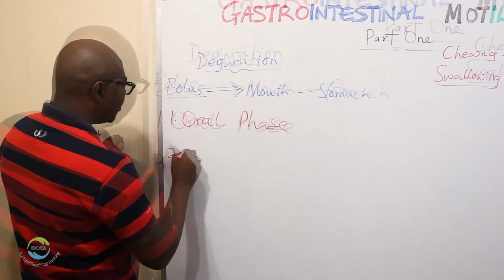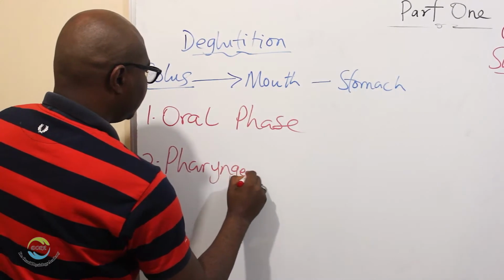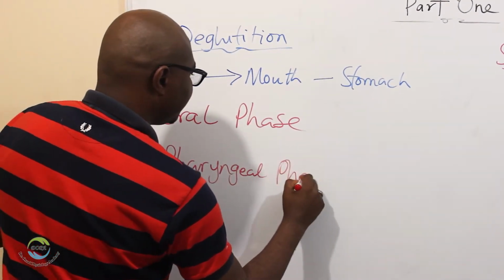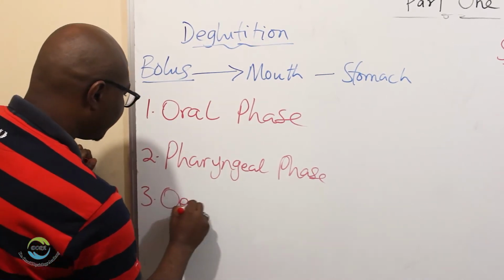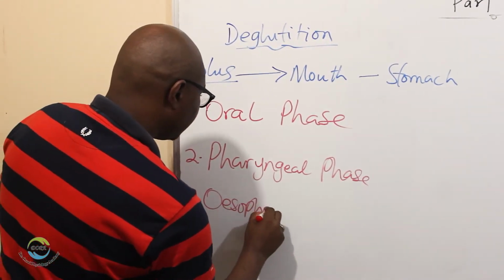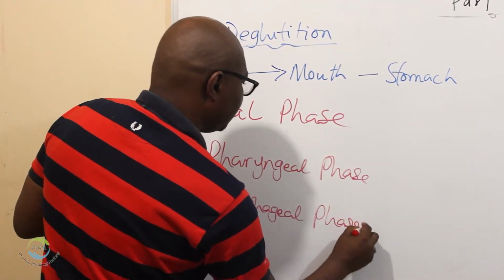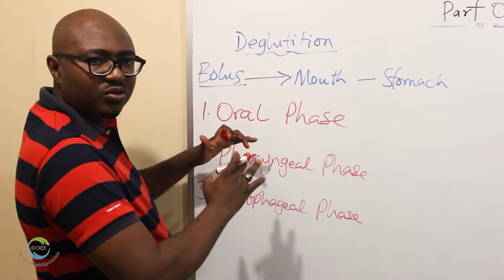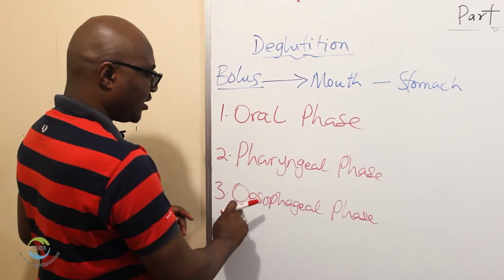Then you have the pharyngeal phase. And number 3, the esophageal phase. That's the order in which they happen. Okay? The oral happens first, pharyngeal, esophageal.